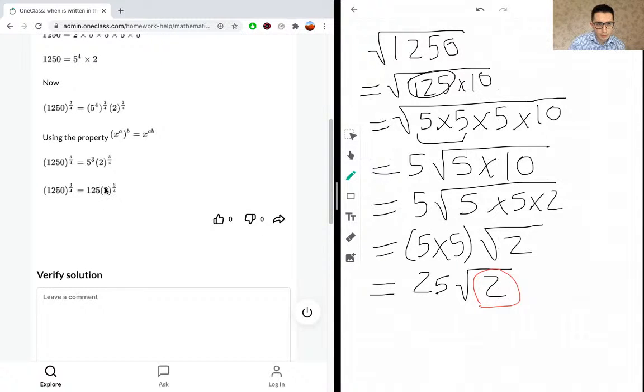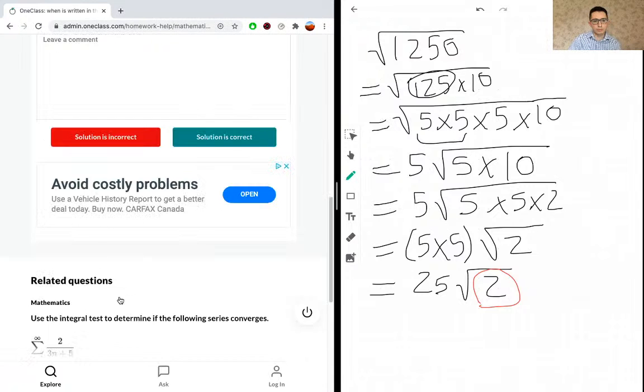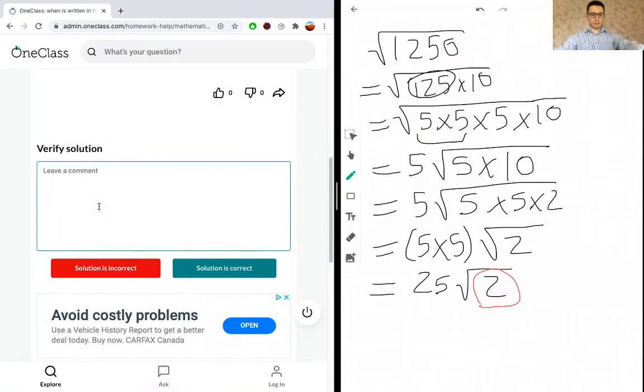So they get the 2 here, but they don't simplify it into the final form, which is 25 square root of 2. So incorrect solution. Incorrect solution used. Student used an overcomplicated process.